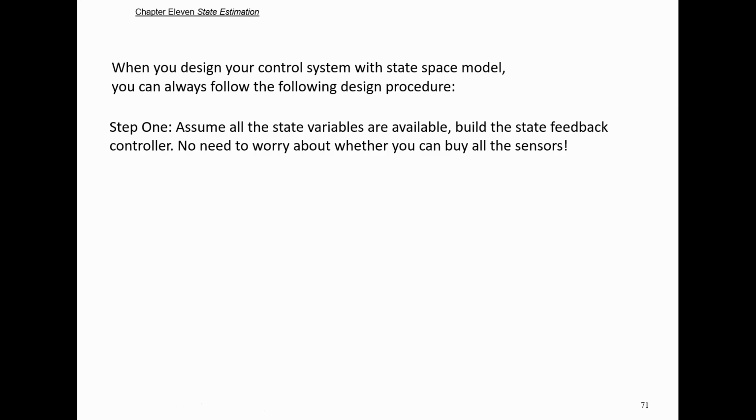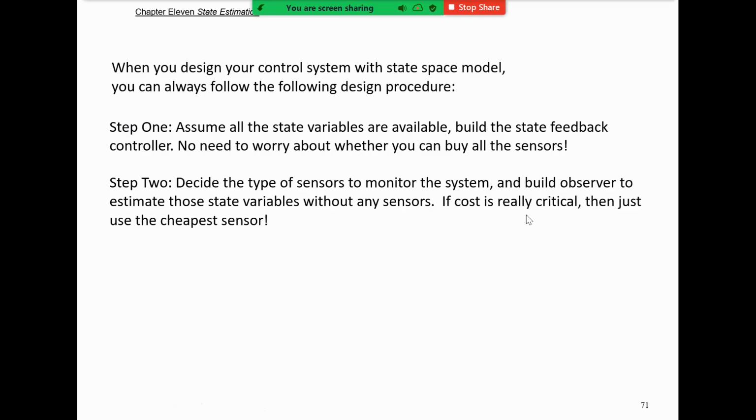I give you everything and you cannot solve it, and then I can only give you half of the information. How can it be possible for you to solve the problem? So step one, you need to finish that. That also corresponds to question one and question two of your mini project. You assume that all the state variables are available, and you design the state feedback control.